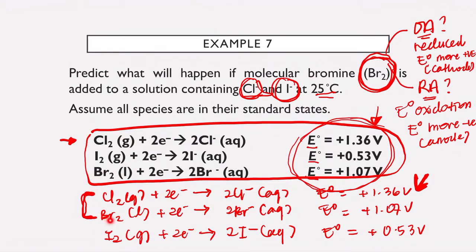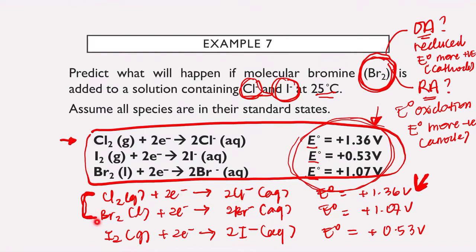That means Br2 will help Cl2 to be reduced. Okay, sorry, stuck a while. So Br2 will not oxidize Cl minus.